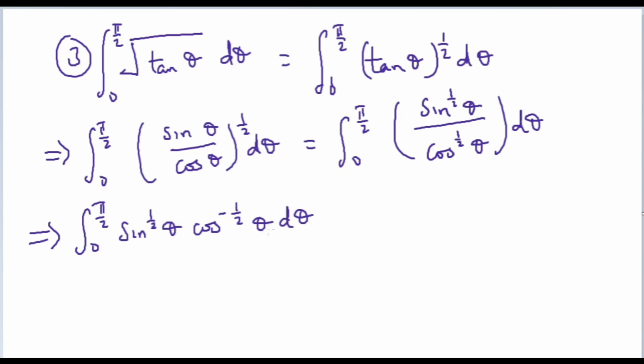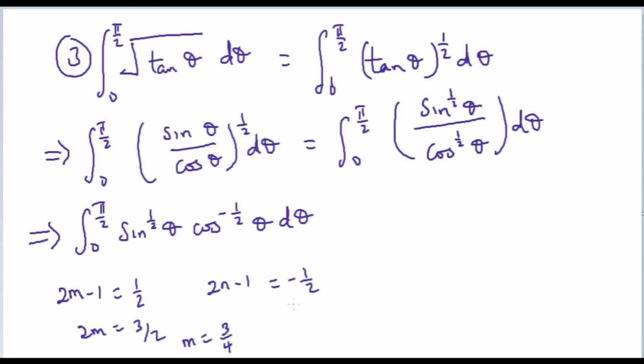Then we can use our beta function. See how simple it is. So now, in this kind of scenario, 2m minus 1 is equal to 1 over 2, and 2n minus 1 is equal to minus 1 over 2. Let me just solve that. So 2m is equal to 3 over 2, which means that my m is equal to 3 over 4.